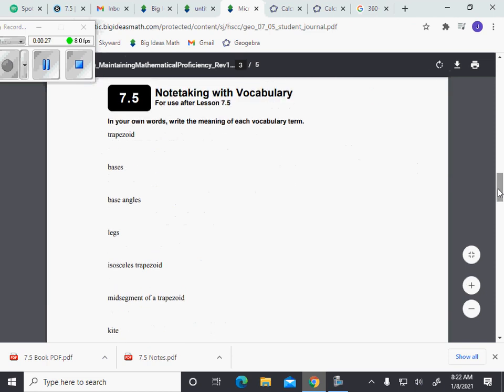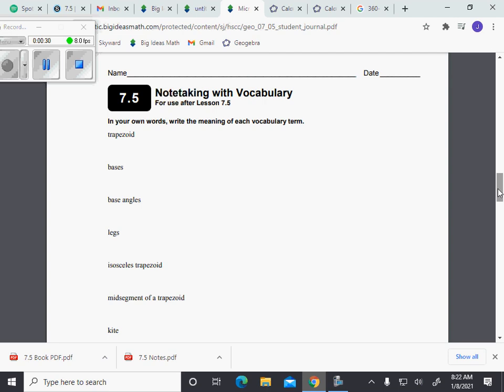Sometimes it is useful to start down here so we get a sense of what we need to be talking about. And I'm going to write what the book says here. A trapezoid is a quadrilateral with exactly one pair of parallel sides.